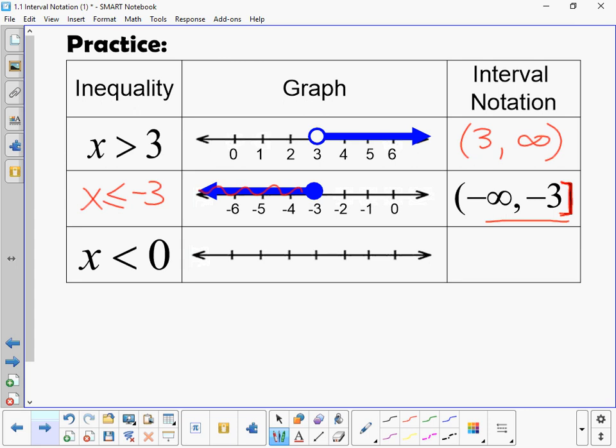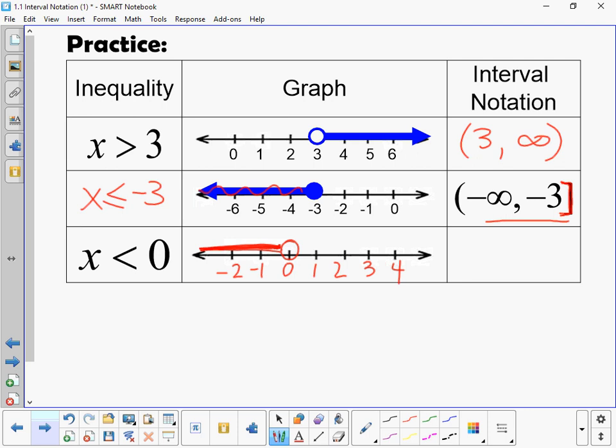All right, this last one is asking us to graph and write in interval notation the inequality x is less than 0. So if we fill in our number line, here's 0. Our x value is less than 0.